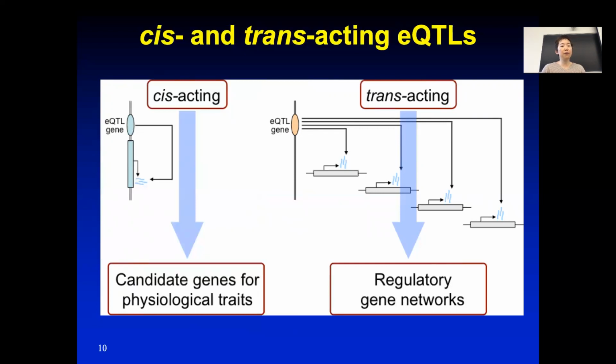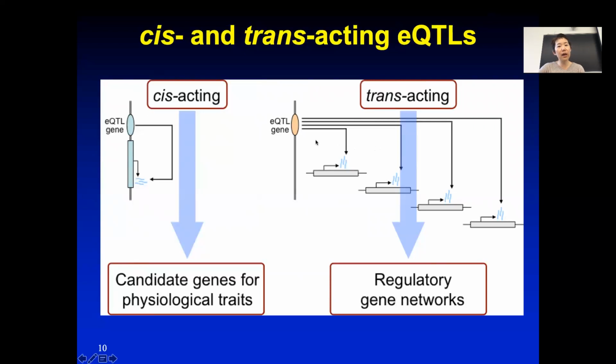But in terms of eQTL, you can look at the correlation of a SNP with nearby gene expression, say within a few hundred kilobases or within a megabase. These are usually called cis eQTL. Cis just means it's on the same chromosome, but usually it means it's pretty close to the SNP you are looking at. Most people look at it within 1 megabase of the SNP.